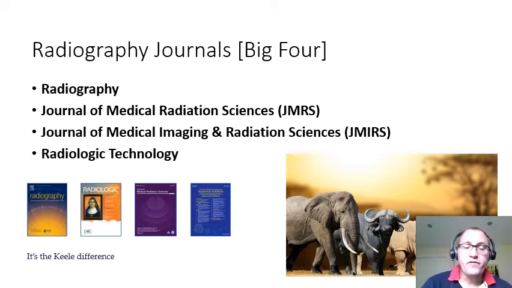So I'm really going to focus, as I've said, on radiography, which is the journal that I'm associated with. But in terms of radiography within our profession, there is essentially a big four. There's four main journals which we usually go to in terms of our work for publication.